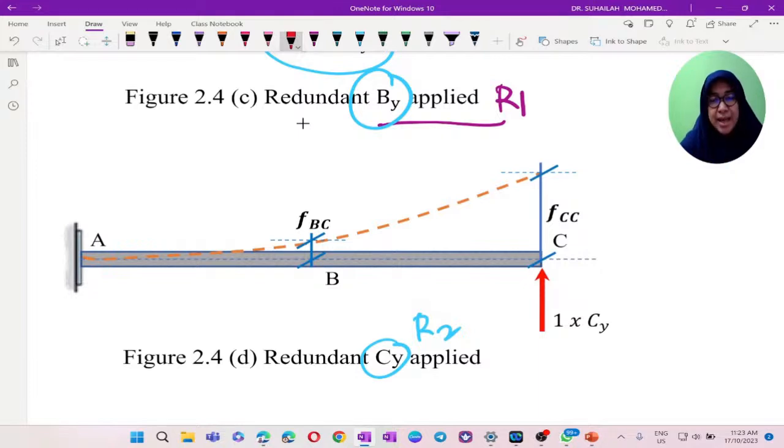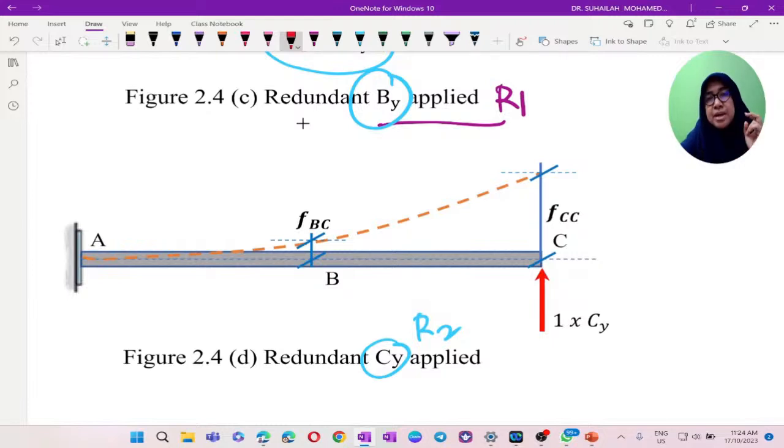We have to measure in each system: in the actual beam, in the primary beam, in redundant 1 and in redundant 2, meaning in all systems. We have to look at the displacement occurring at the 2 redundant positions. So we find 2 in the primary, 2 in redundant 1, and 2 in redundant 2, which means there are 6 displacements that we are going to determine.